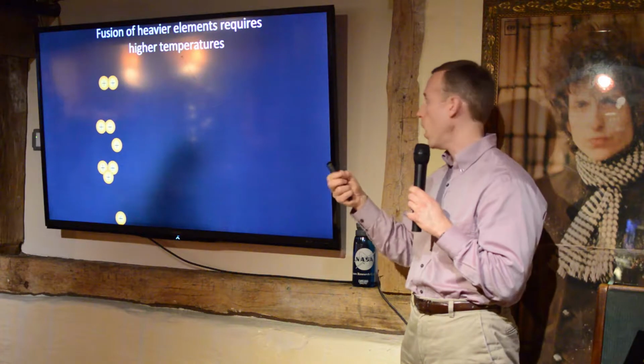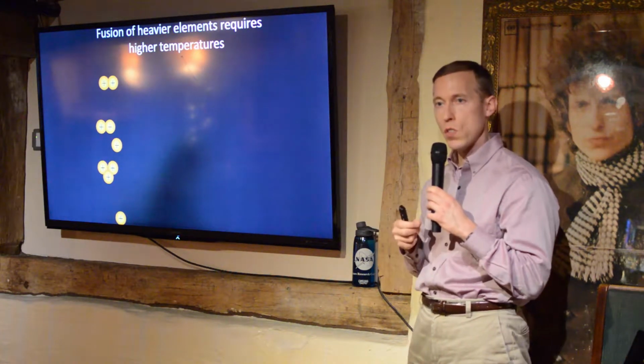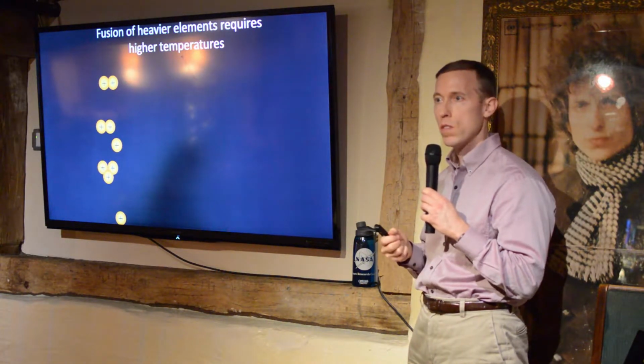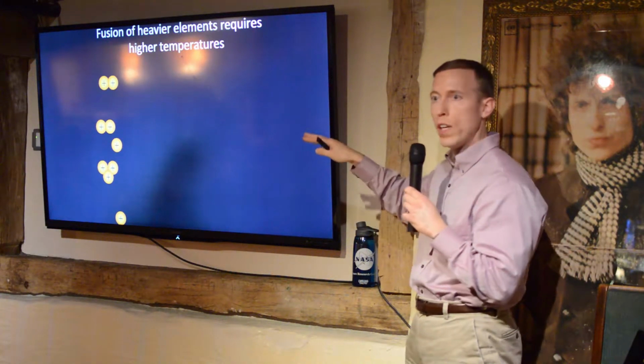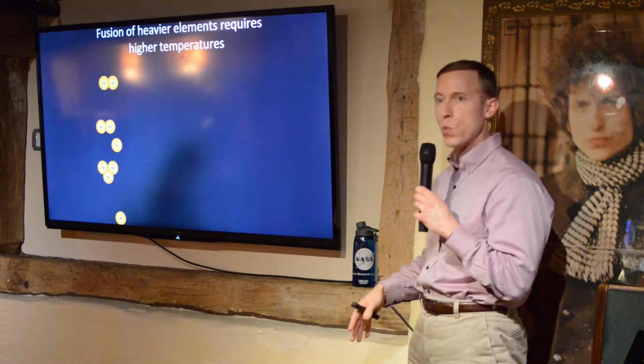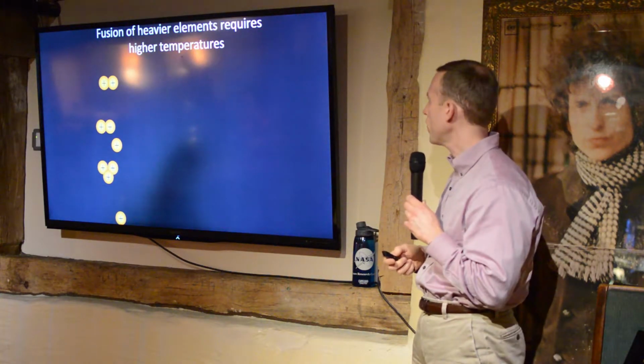And so in order to overcome the greater barrier due to repulsion in the heavier elements, we need to reach a higher temperature. So for hydrogen, we can do this at a temperature of about 10 million Kelvin, but for heavier elements, we need to reach higher temperatures to fuse them and to make heavier elements out of them.